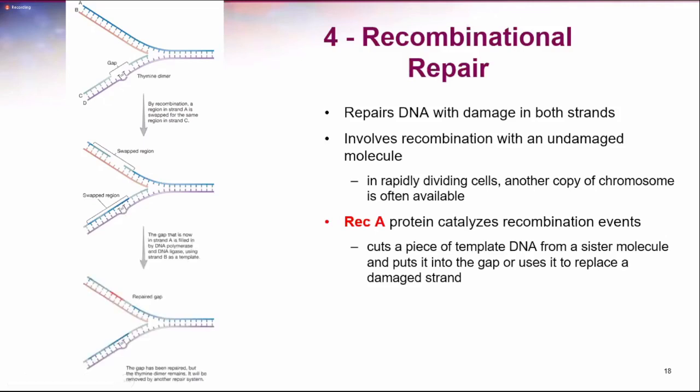So you can have this recombinational repair that happens with the help of a particular protein called RecA. If you don't have the RecA protein, then the recombination doesn't occur. So this is how important it is to the repair that involves swapping pieces of DNA from one DNA to a different DNA strand.